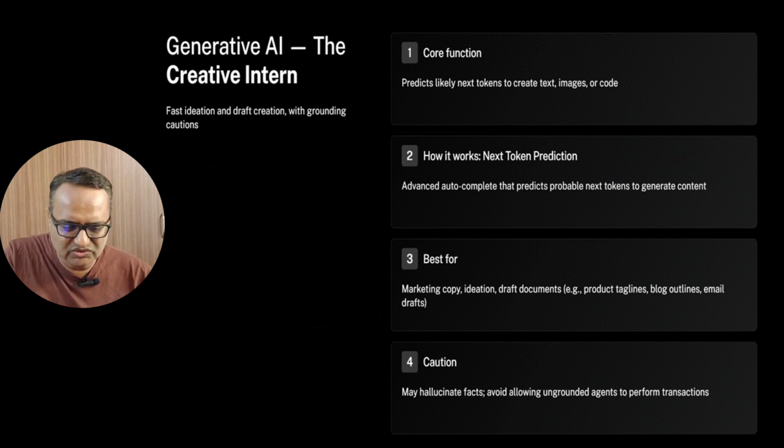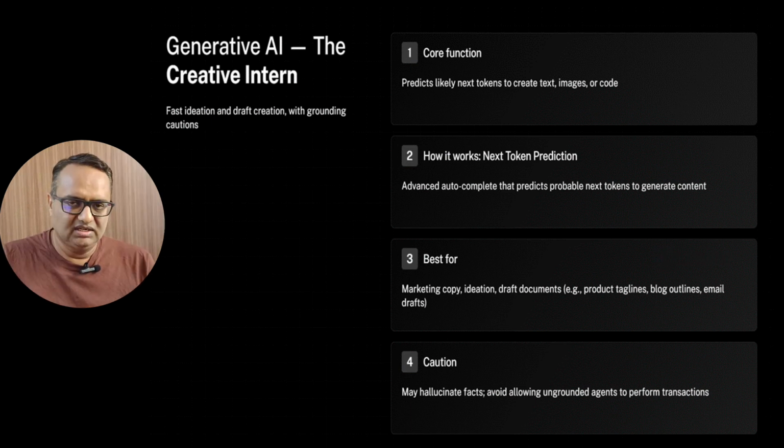This is best used for marketing copy, ideation, draft documents, blogs, or email drafts. The caution in the slide is that we can't keep any contradictory data. We should not have data with multiple values for the same year's sales, for example. Otherwise it hallucinates and gives wrong information in the output.